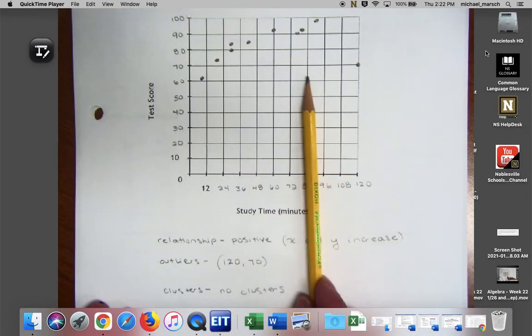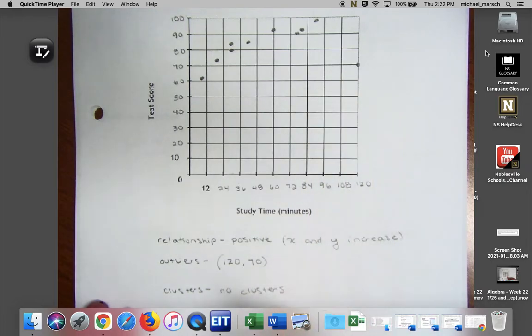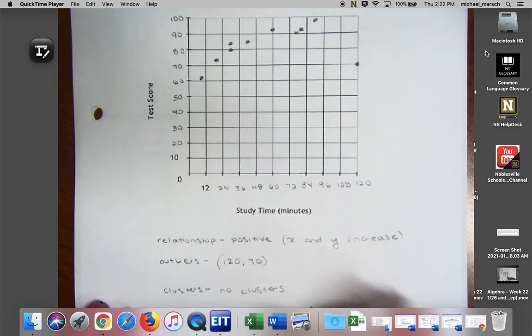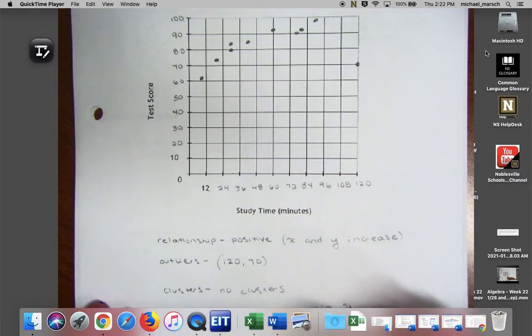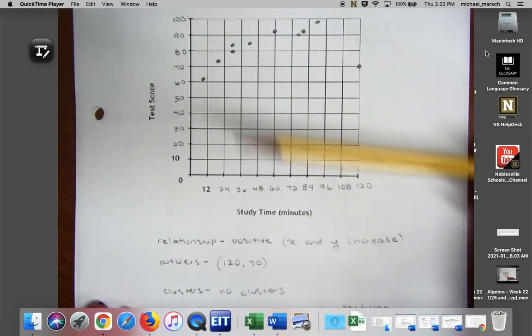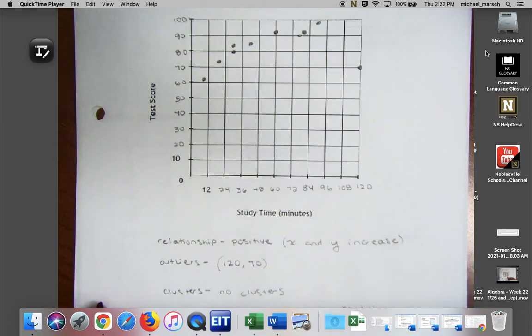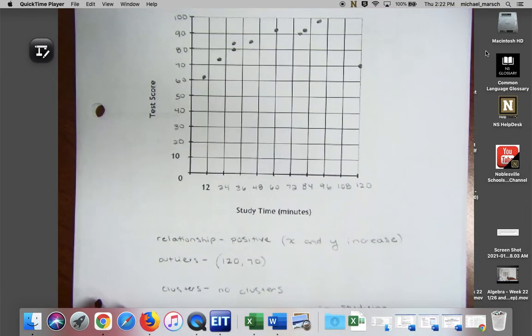Between like 85 and 120 minutes of studying. There's not really a big gap when you look at the Y values, the test scores. Kind of across the board.